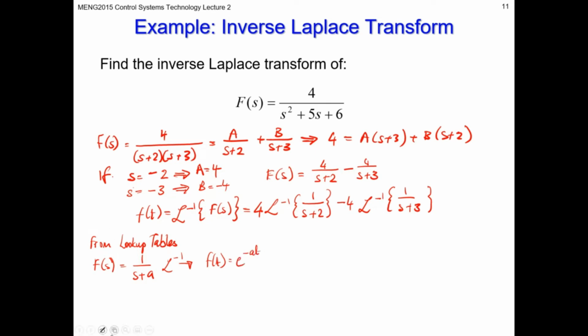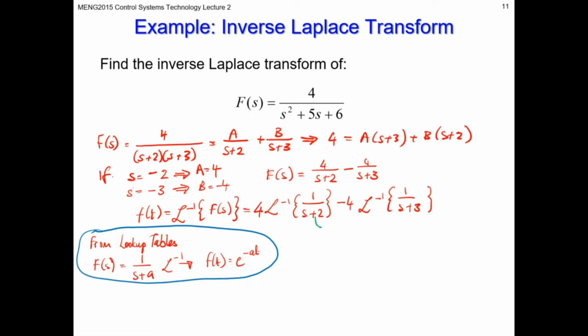This is in our lookup tables that I just showed on the screen. It's on my e-learning as well. So when we take the inverse Laplace transform of this first part, that's going to give us e to the minus 2t, and the second part is going to give us e to the minus 3t.